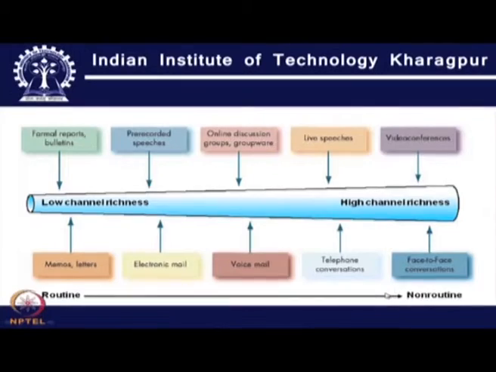When we come to telephones, telephones are again high in channel richness, but low as far as data capacity is concerned. It's lower in richness than face-to-face communication, but higher in capacity than face-to-face, though again lower than voicemails and so on.